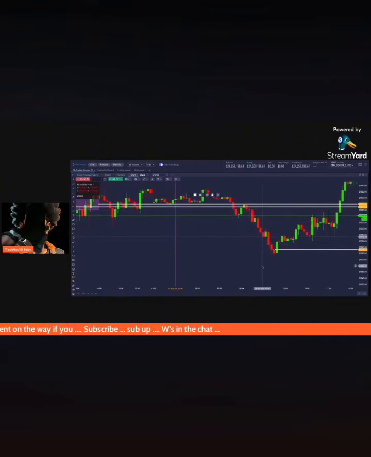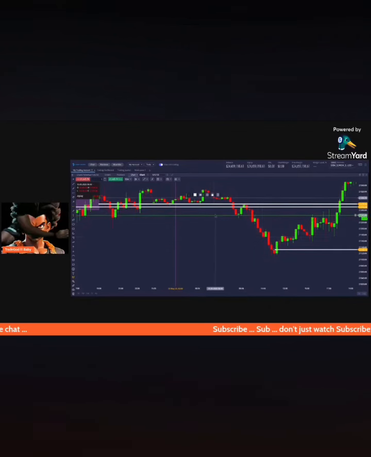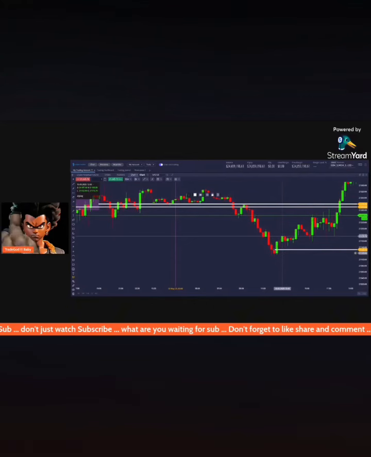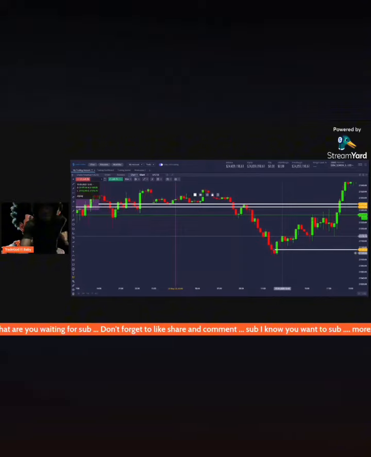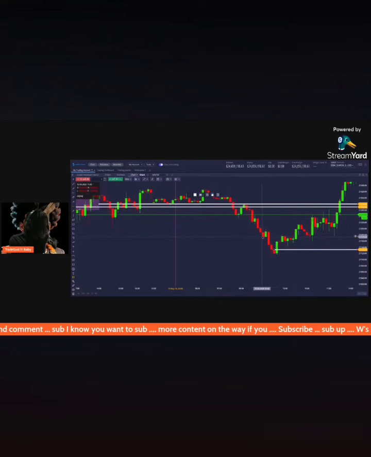Secondly, if you were to buy here, you do not want to buy if there are no turns on this leg down. And a turn is simply a candlestick that is going the opposite direction of the actual leg.